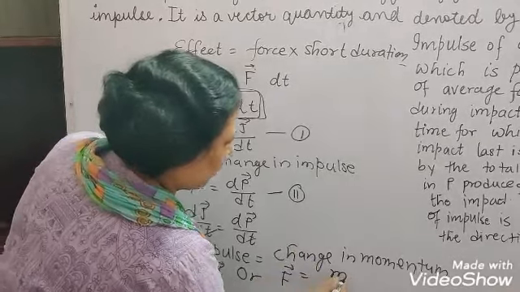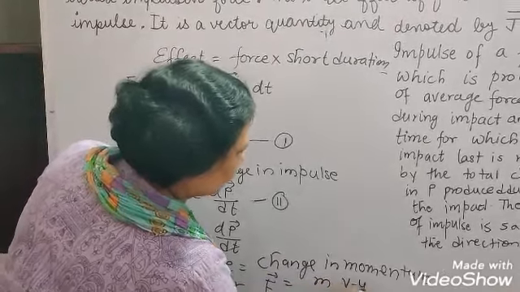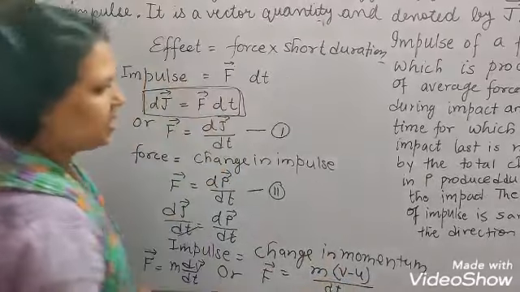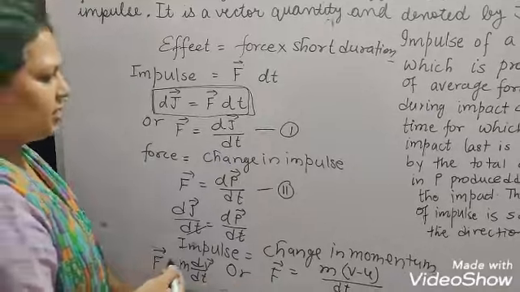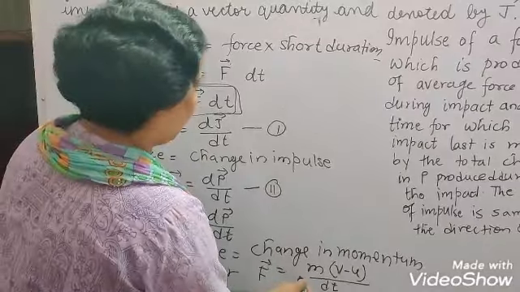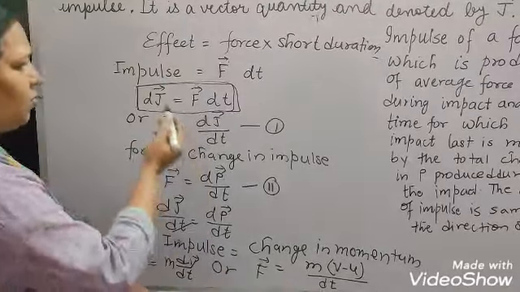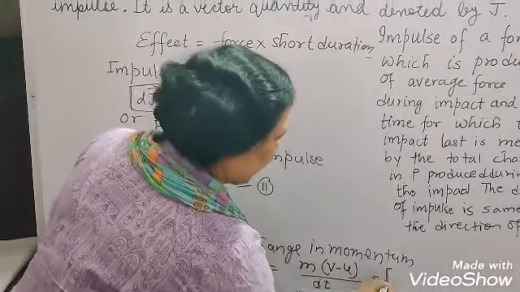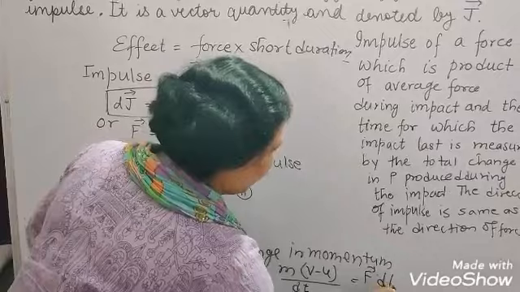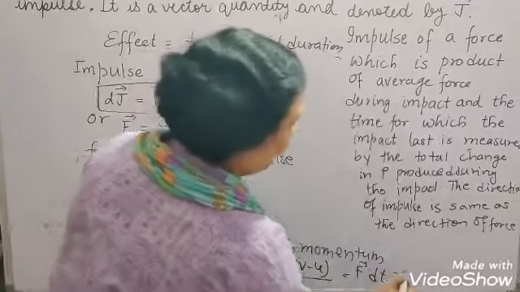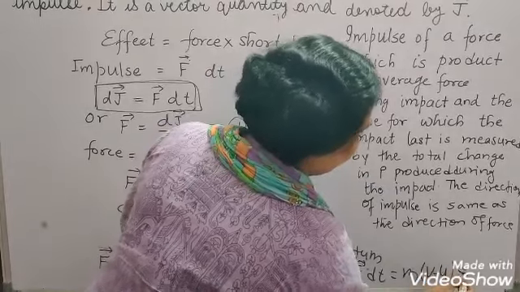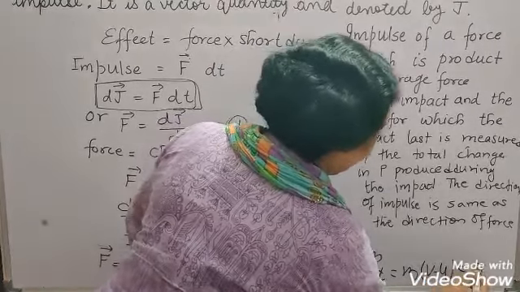In such cases F = m(v - u)/t, or dt you can write, and this is equal to, if you write it this way, F dt, which equals m(v - u), and it is equal to J here.